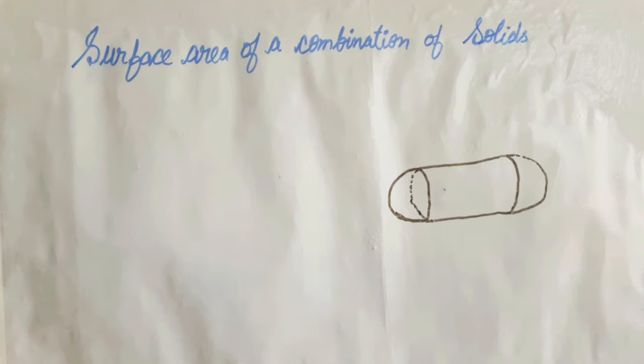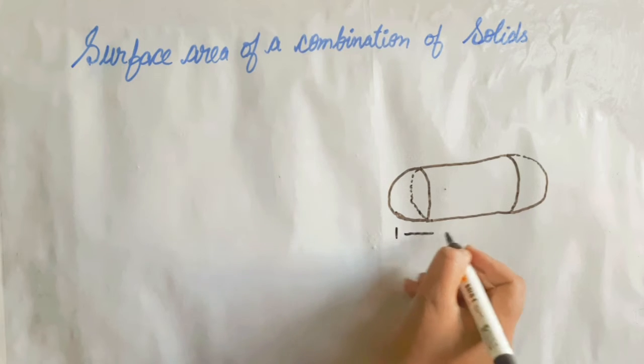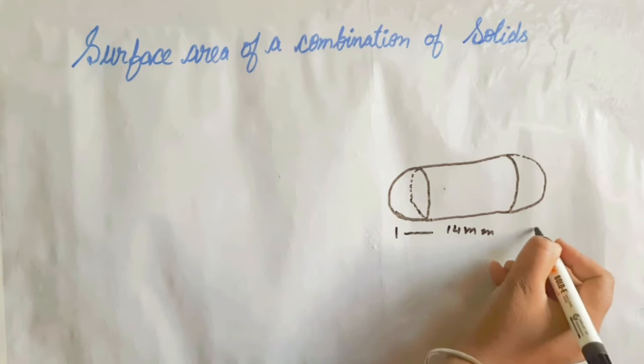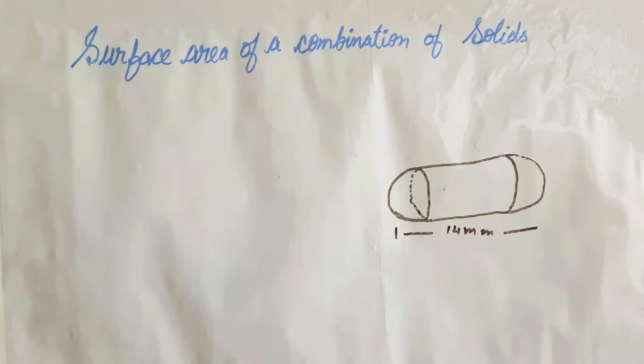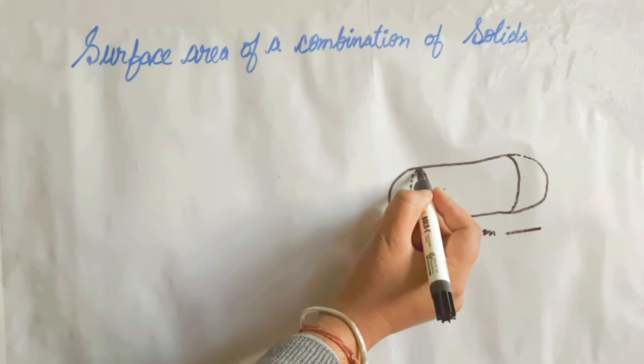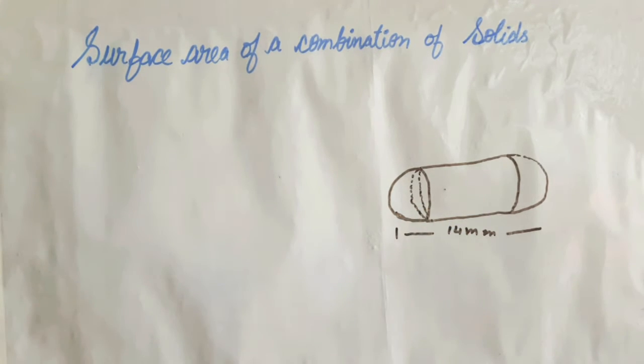And what is given? The entire length of the capsule is 14 mm. And the diameter of cylinder as well as hemisphere is given equals to 5 millimeter.